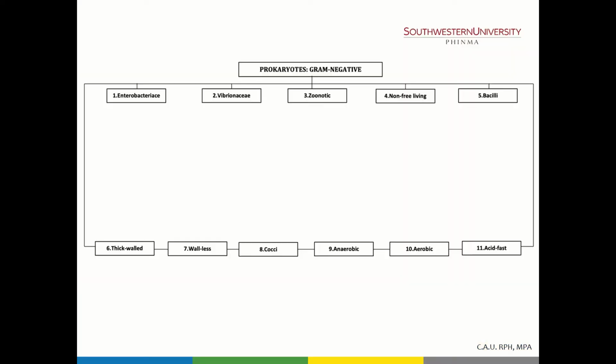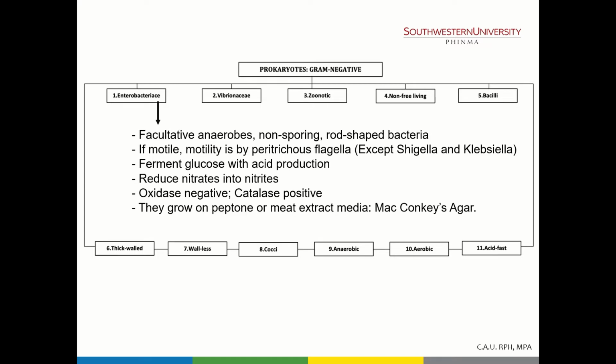The first group belonging to this domain is Enterobacteriaceae. Enterobacteriaceae are facultative anaerobes. Facultative anaerobes means that they have the faculty to live with oxygen.